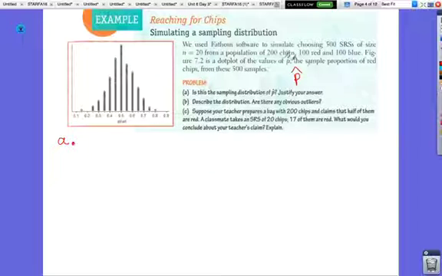So remember that p hat is the sample proportion of red chips, and this graph here shows the sample proportion of red chips, but it is not the sampling distribution of p hat because it doesn't show the values of the statistic in all the possible samples. So all the possible samples being the red and also the blue.